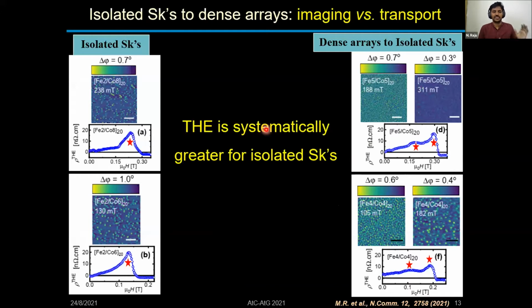So we produced a range of films which show only the isolated Skyrmion phase as a function of field, and a range of films which show a dense arrangement transforming into the isolated phase as a function of field. Consistently, what we see is that whenever there is an isolated Skyrmion phase, either as a function of material or as a function of field, it always produces a large magnitude compared to a dense arrangement of Skyrmions.